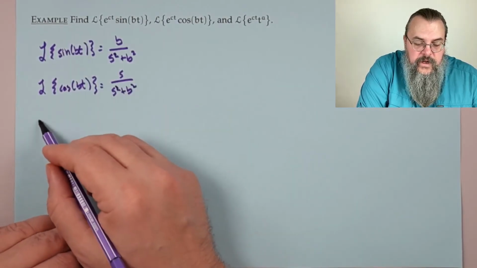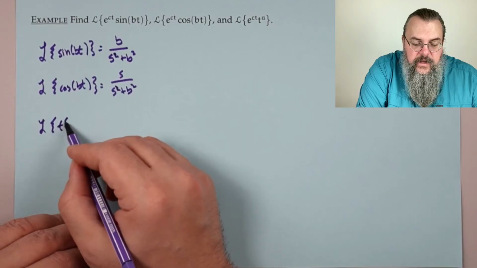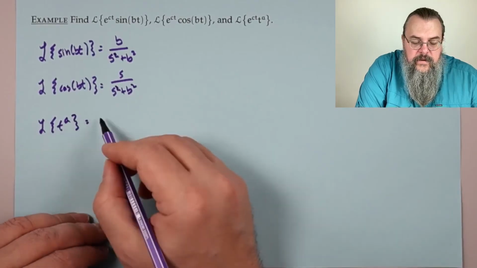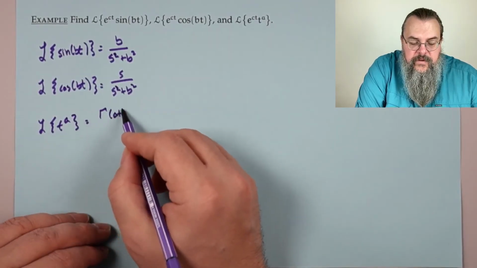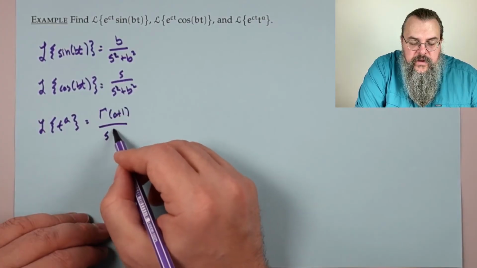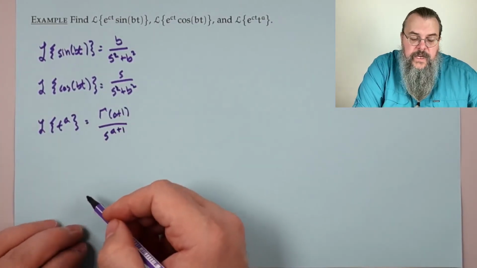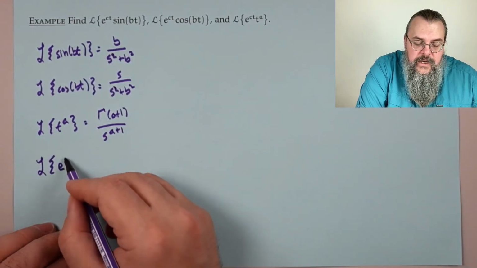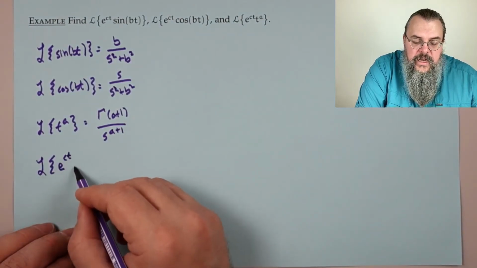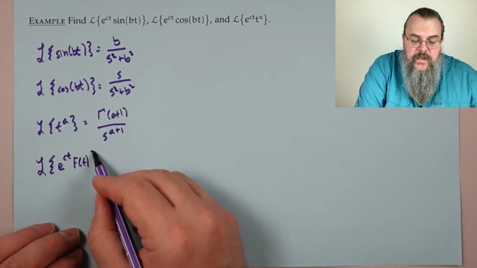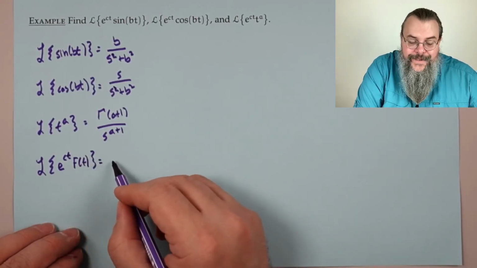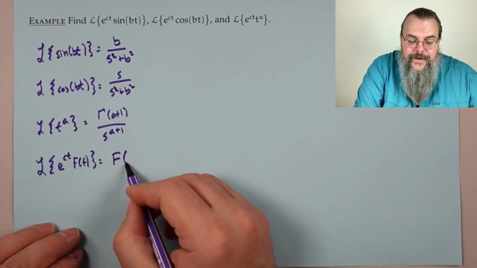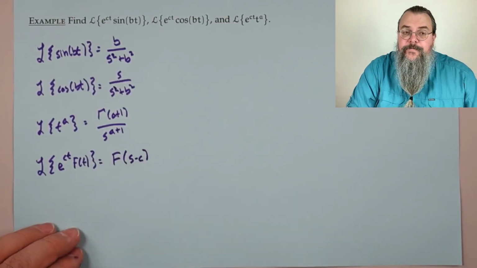And the Laplace transform of t to the a is gamma of a plus 1 over s to the a plus 1. And then there's another rule. The Laplace transform of e to the ct f of t is what? Well, it's F of s minus c.